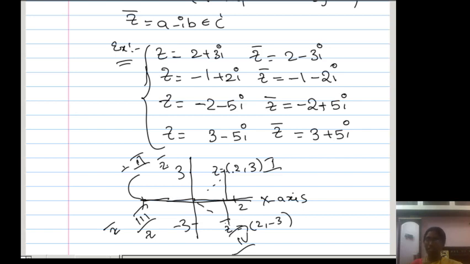So for example, if Z lies in the second quadrant, then Z bar lies in the third quadrant because it is the mirror image through the x-axis. If Z lies in the third quadrant, then Z bar lies in the second quadrant.